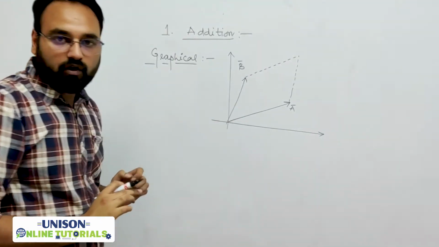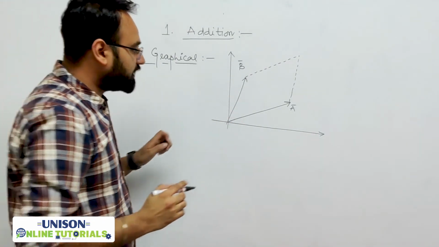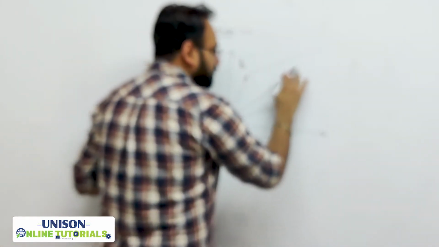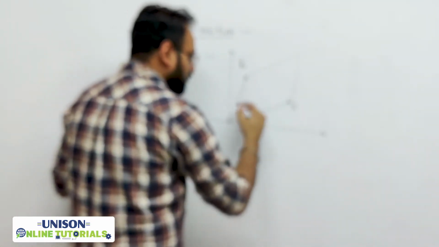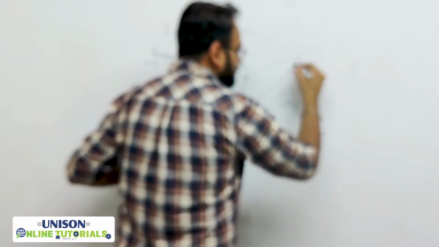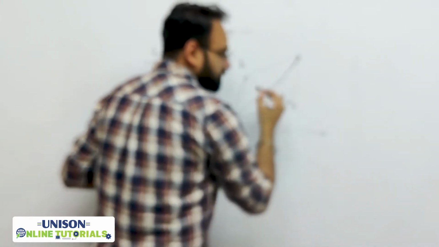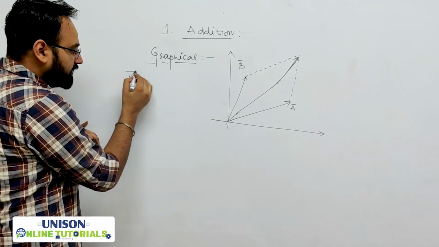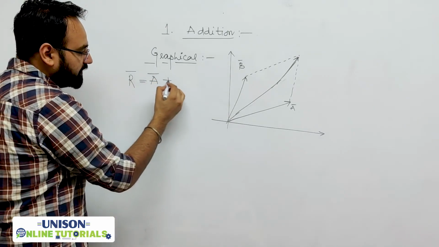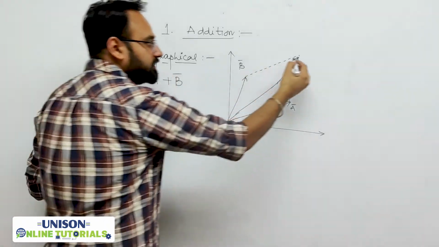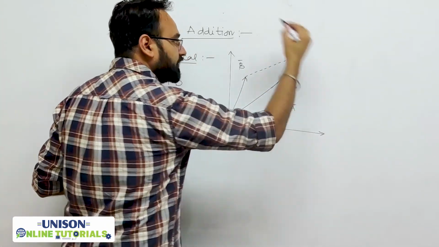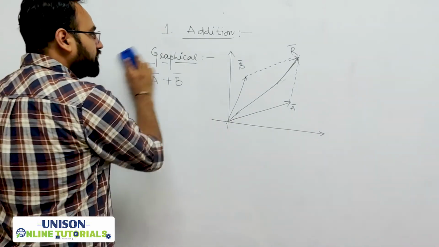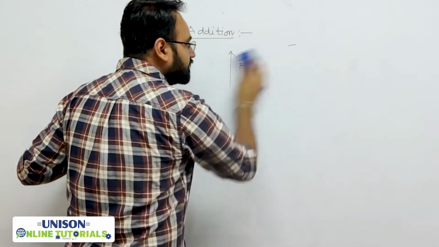This is my complete parallelogram. Then the resultant vector of A vector and B vector will be represented by the diagonal of this parallelogram. Say here R vector is represented as A vector plus B vector, and this is my R vector, right? This is the graphical method.